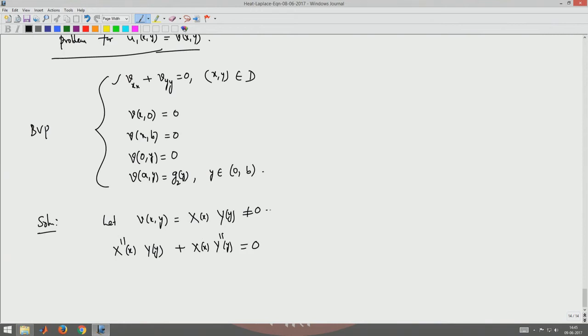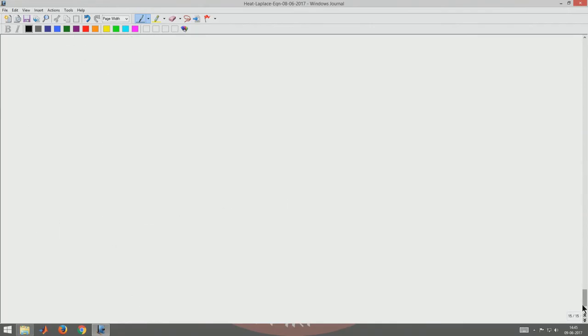Again the same procedure, because this is non-zero you can divide both sides. So you get X double dash of x by X of x equal to minus Y double dash of y divided by Y of y. Now you can see that both sides, one side is a function of x, the other side is a function of y, so it should be a constant.